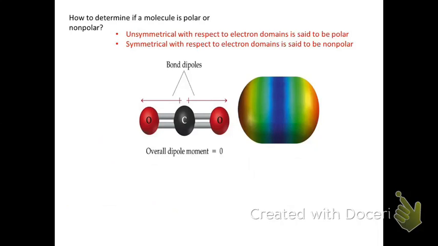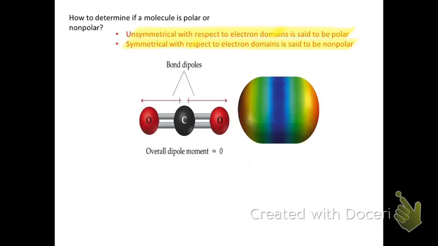So if it's unsymmetrical around the central atom with respect to the electron domains, the molecule is polar. If it's symmetrical to the central atom with respect to the domains, then it's going to be nonpolar. So what essentially is that saying?